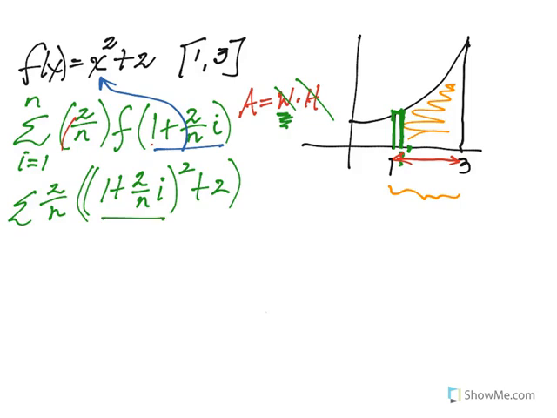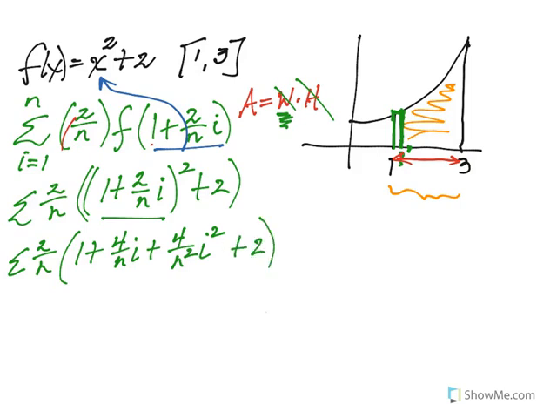Now I just want to clean this up. First, I'll FOIL this out. This is the sum of 2 over n times 1 plus 4 over n i plus 4 over n squared i squared plus 2. Now, if it's hard to see where this answer is coming from, you can take this portion right here and square it using the box or using the FOIL method.